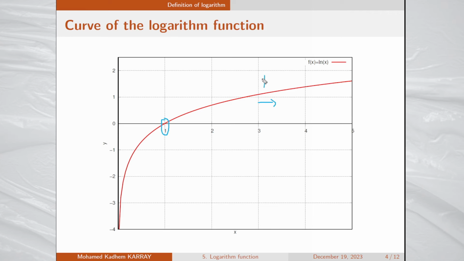We can also keep in mind that when x approaches 0 on the right side, the function logarithm goes to minus infinity. I will go back to these limits in a few minutes, but the curve permits to keep in mind both the value of the function at point 1, which is 0, but also the limits at plus infinity and at 0.